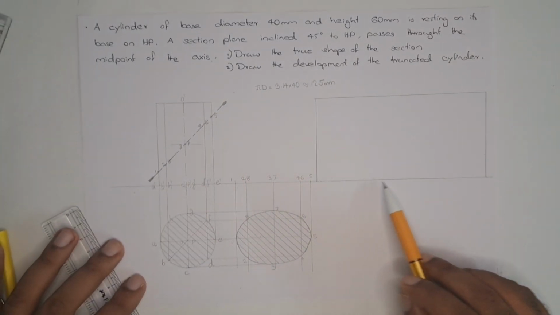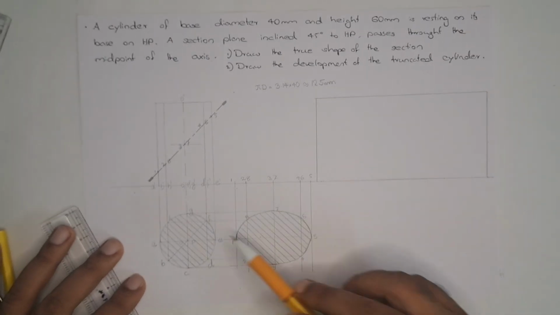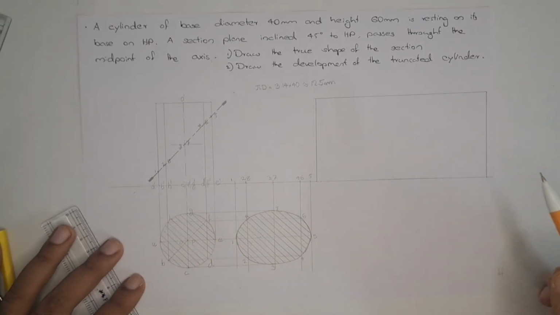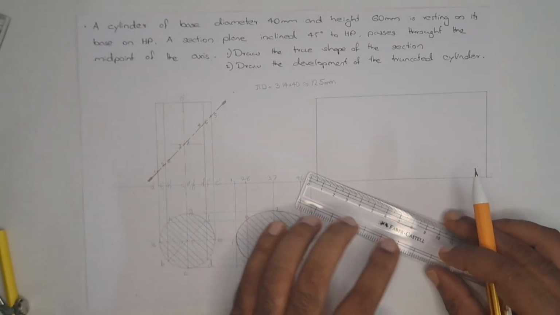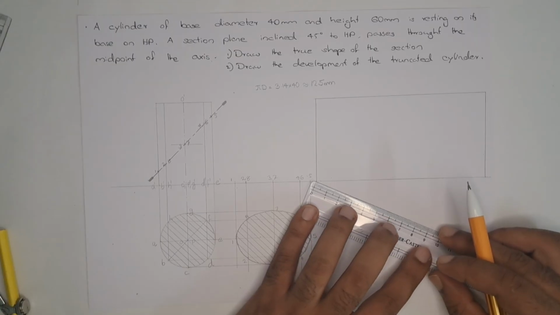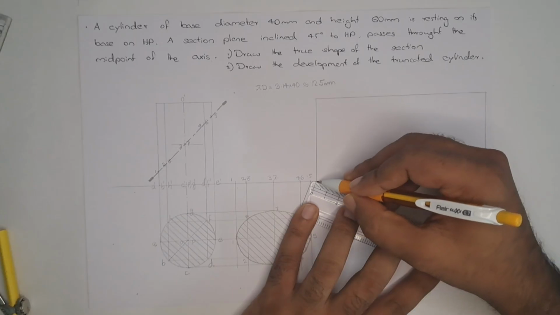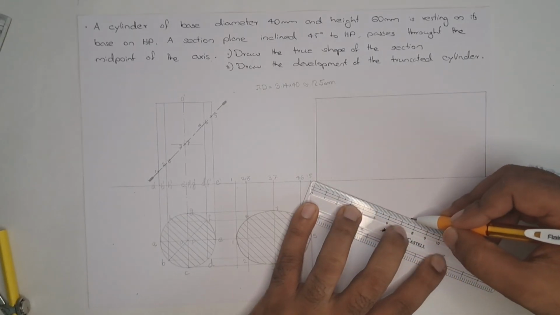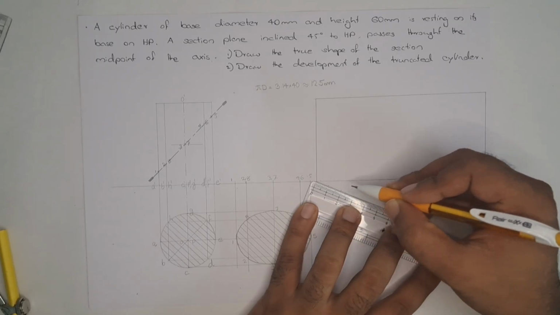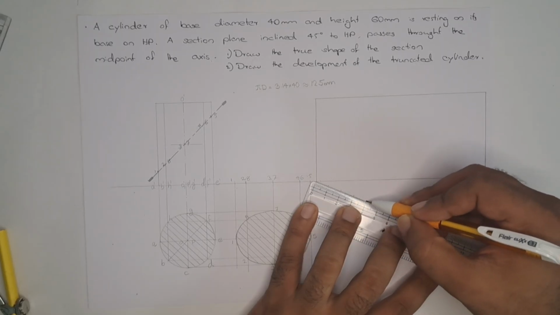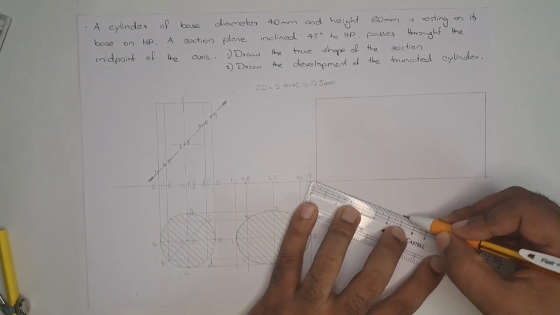Now we need to divide this line, the perimeter, into 8 equal parts. So for that we just draw an 8 centimeter line or 80 mm line here and mark the distance and divide this line into 8 equal parts.